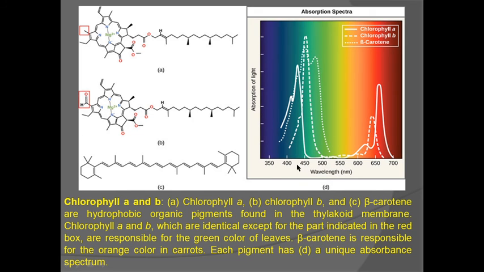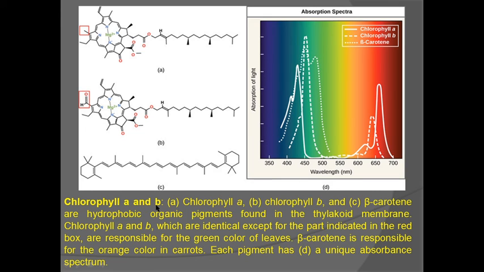Chlorophyll B absorbs 400 to 500 nanometers of light, and beta carotene absorbs 350 to 550 nanometers of light.